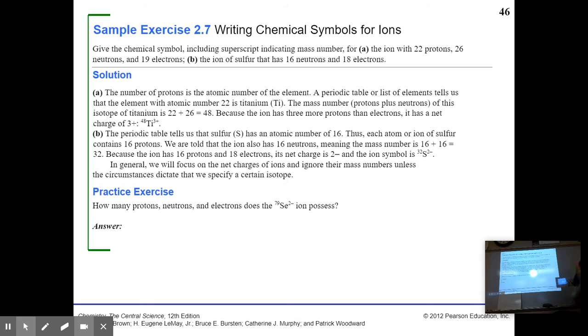So, how do we determine the mass number again? Is it from a table, or is there an equation?